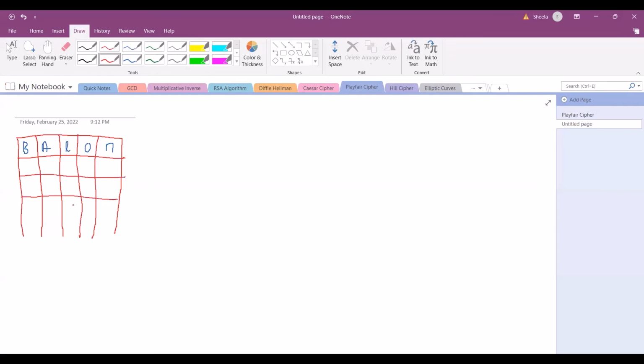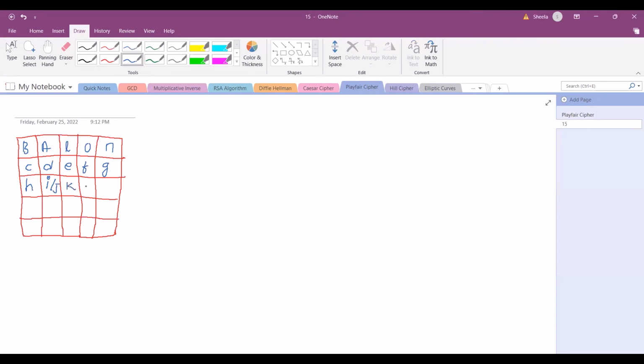So the key matrix is here. After this key, what we have to do is write the remaining characters of the alphabet, that is C, D, E, F, G, H, I, J will be in the same box.